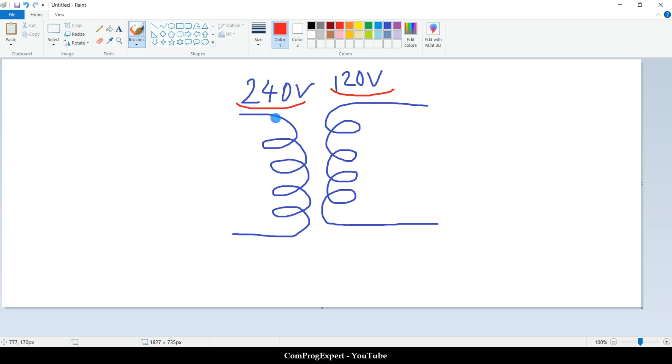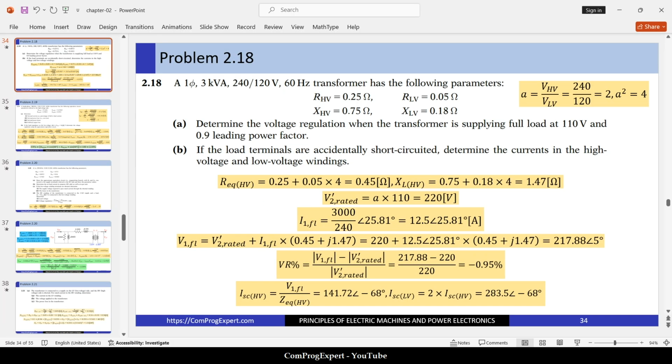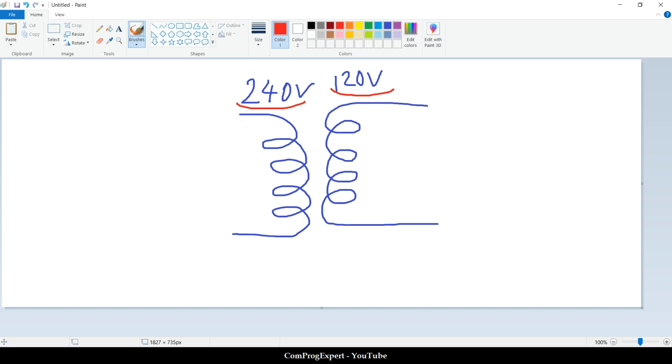What is the value of the turns ratio? A is equal to the voltage of the high voltage winding divided by the voltage of the secondary winding. 240 divided by 120 is equal to 2. So this is the ratio, 2 by 1.